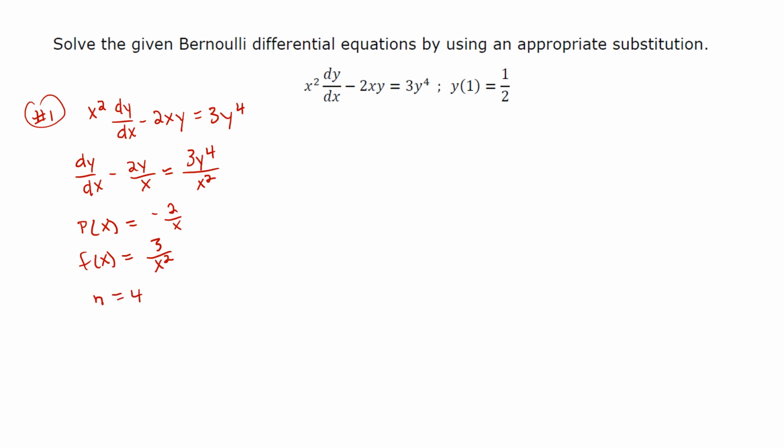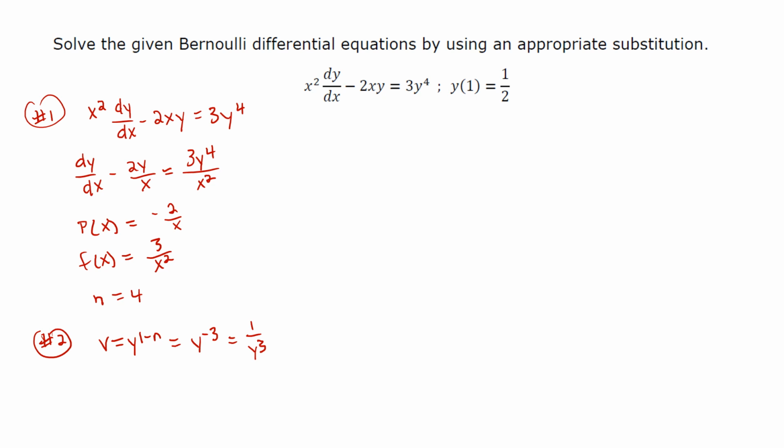Since n is not 0 or 1, we know that this is a Bernoulli equation and we can apply substitution. So for step number 2, our substitution will be v equals y to the power 1 minus n. Since n is 4, v is going to equal y to the negative 1/3, or 1 over y to the 3rd.